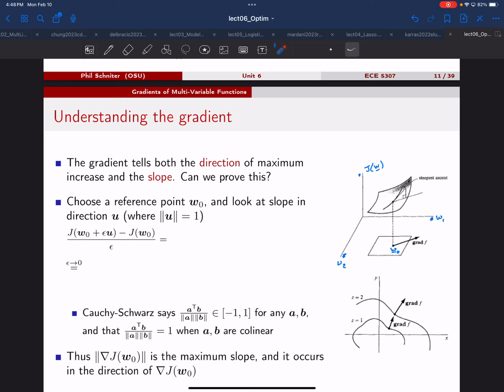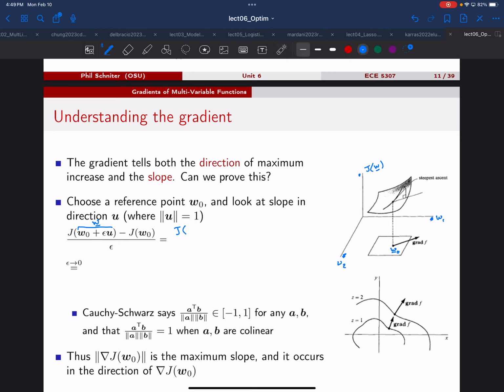Okay, so given this, we can use some of the machinery we've developed until now. So let's start by writing the Taylor series. W naught is the reference. This thing will be W, the perturbed point. So how far is W from the reference? That's just going to be epsilon times u. So here's how the Taylor series looks.